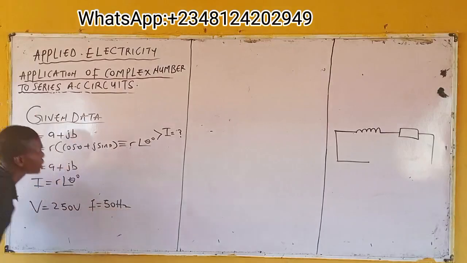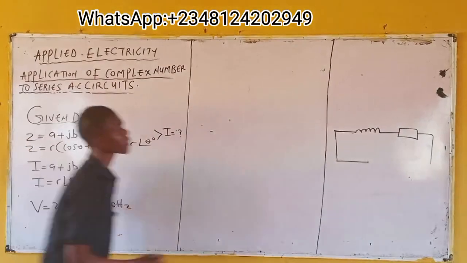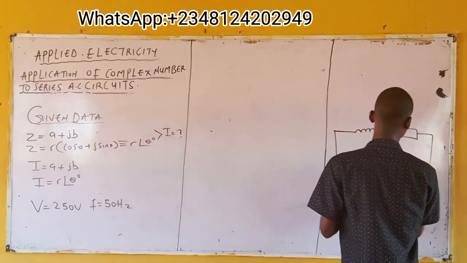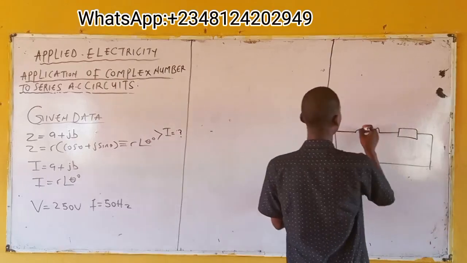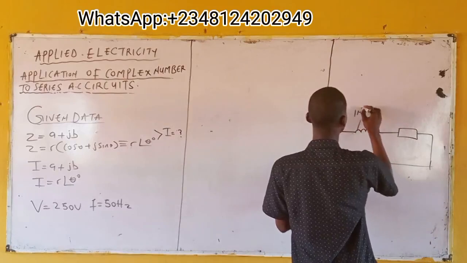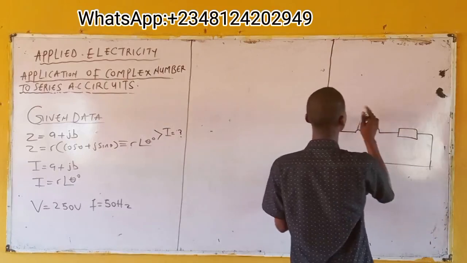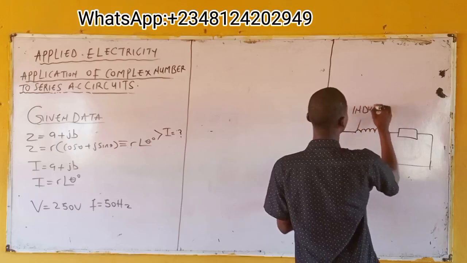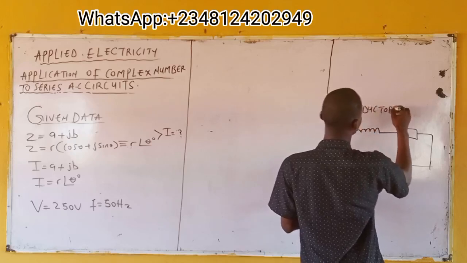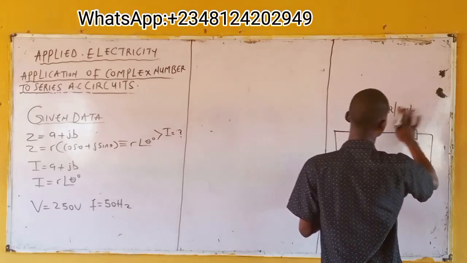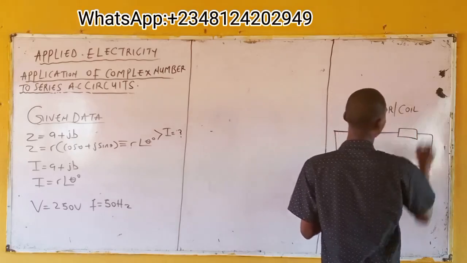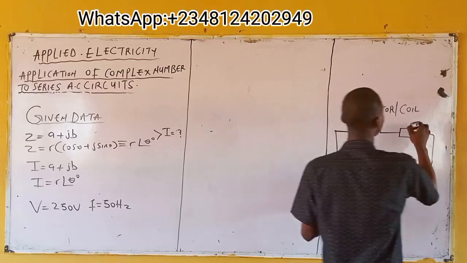50 hertz. Now from here, this is our diagram. This is the inductor, or you say coil, and this is your resistor.